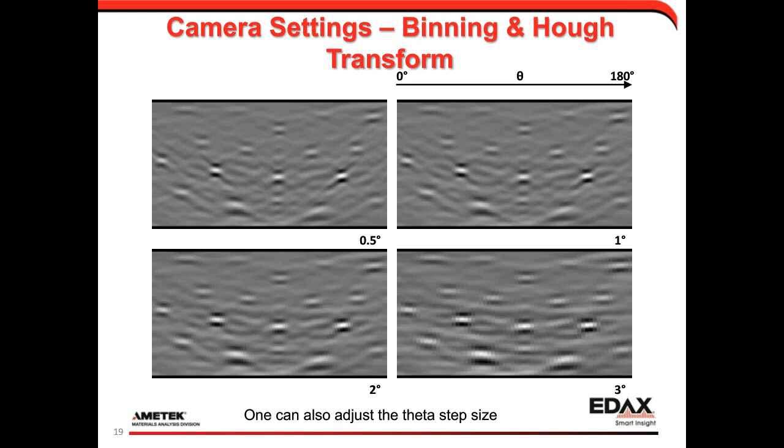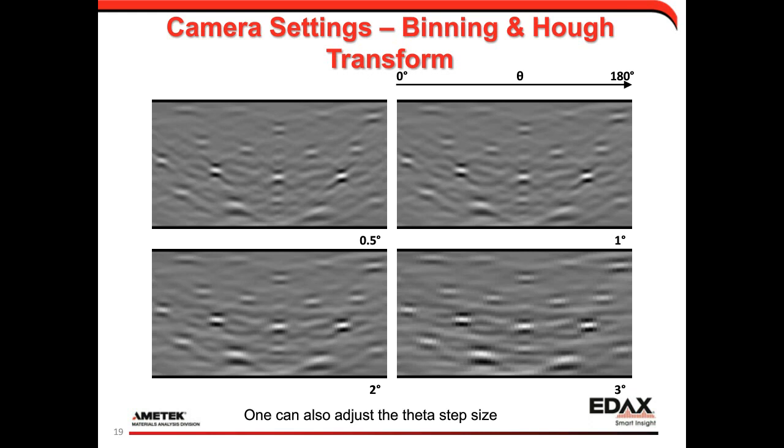I actually didn't cover this, but you can go to the Hough transform inside the pull down menus on the right side, and you can change the theta step from 0.5 to 3 degrees. When you're doing this kind of work, you're changing this binning. This binning is going to increase or decrease the computational time.